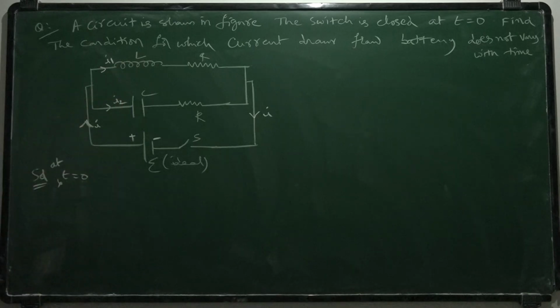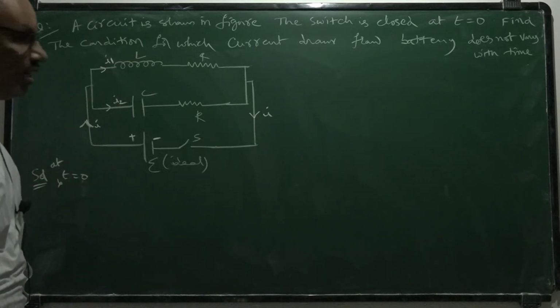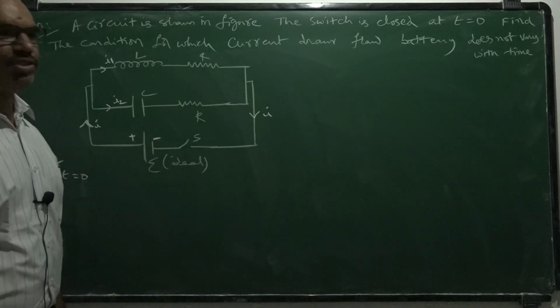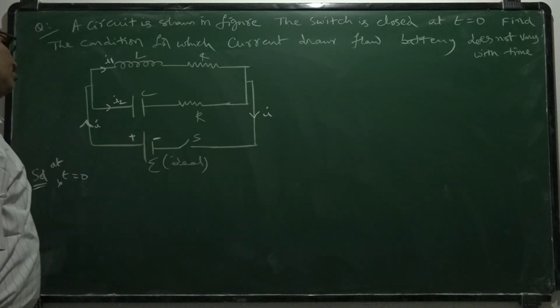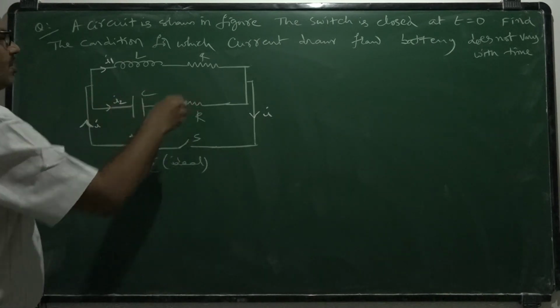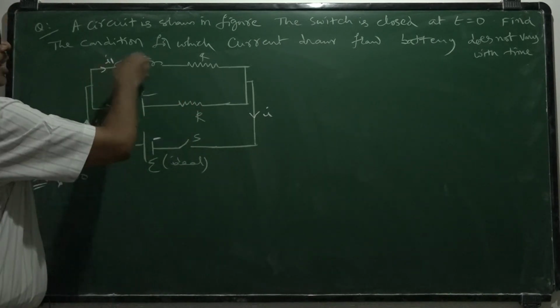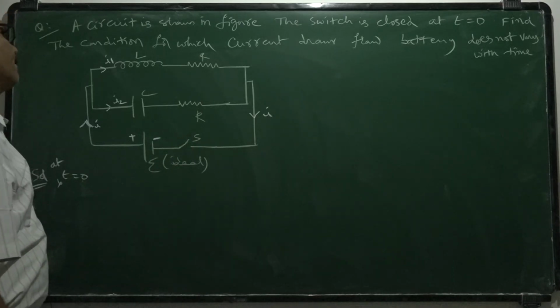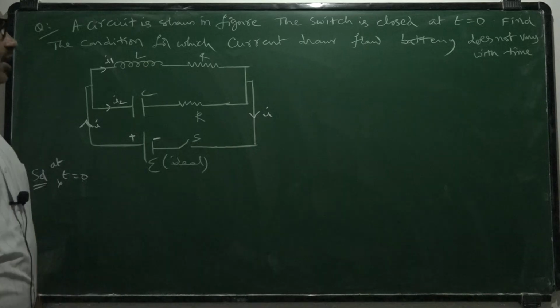no current is passed through the branch containing the inductor; the entire current passes through the branch containing the capacitor. After some time the capacitor is fully charged, so current may not pass through this, and current will entirely pass through the branch containing the inductor.